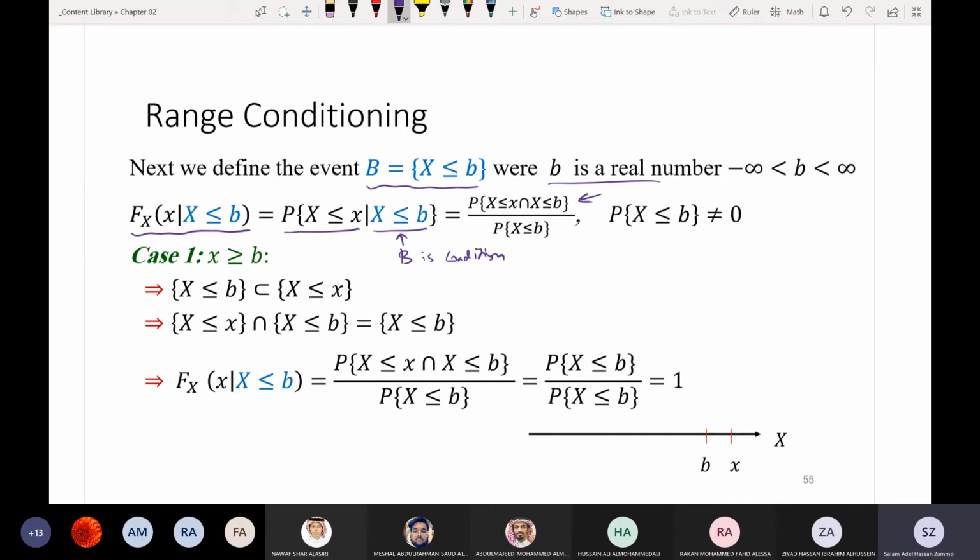It's the probability of the intersection between x less than or equal to small x and x less than or equal to b, divided by the probability of the condition, which is x less than or equal to b. This is given that the condition is possible. It doesn't have a zero probability.